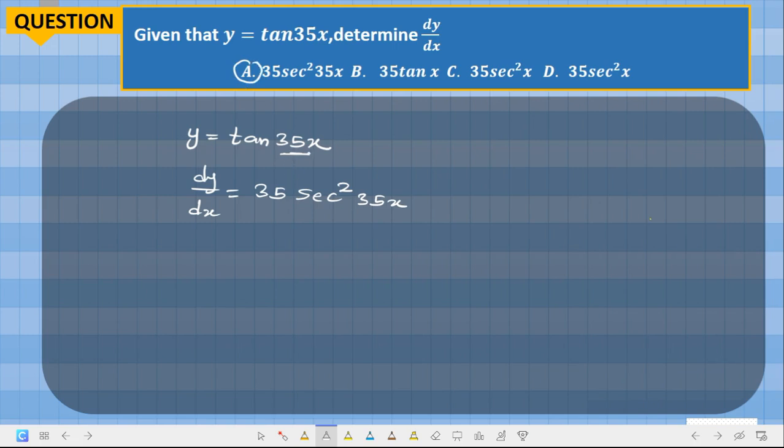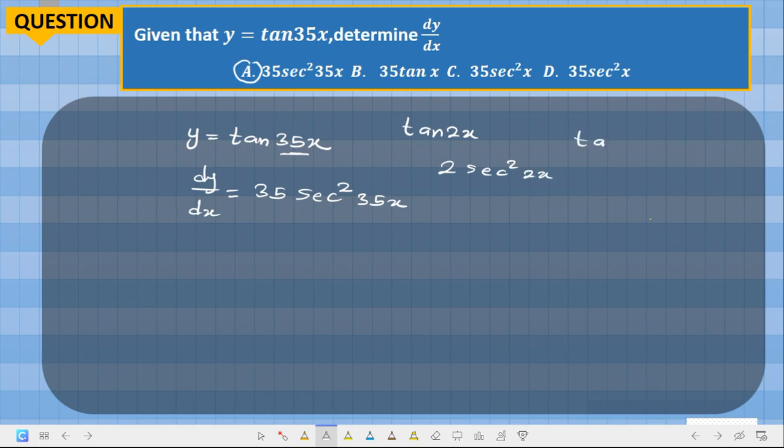What you do, differentiate what you have here first. 35s differentiated will give you 35. Write it down. Then when you differentiate tan, it gives you sec square. Then you write the 35s again. So for instance, if I give you tan 2x, what do you do? Differentiate 2s first, it gives you what? 2. Differentiate tan, gives you what? Sec square. Then you write the 2x again.